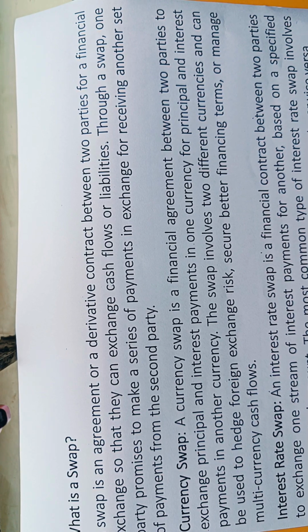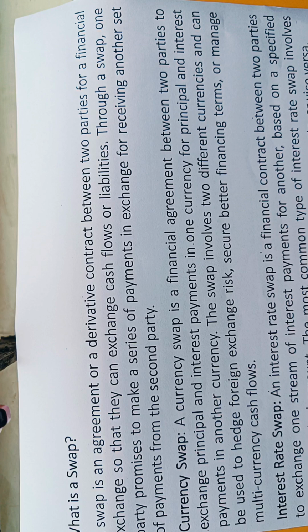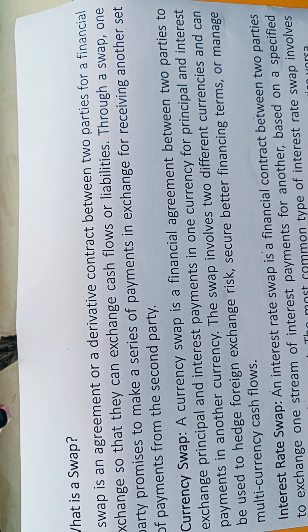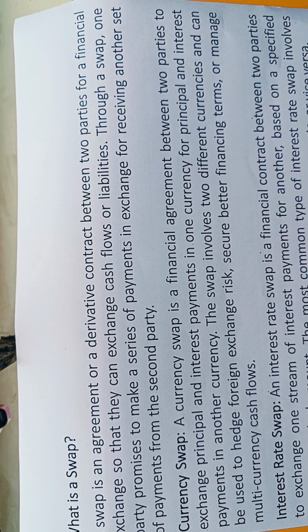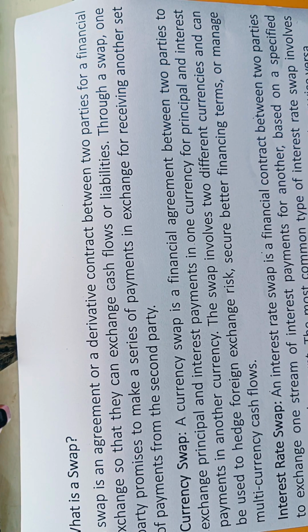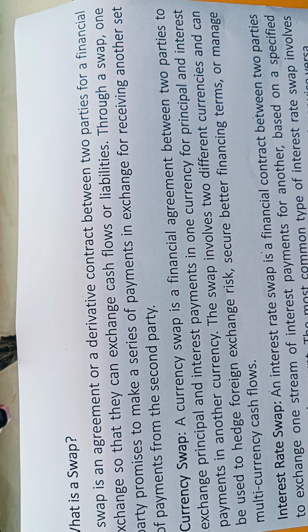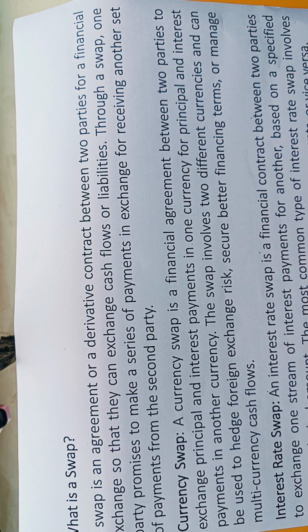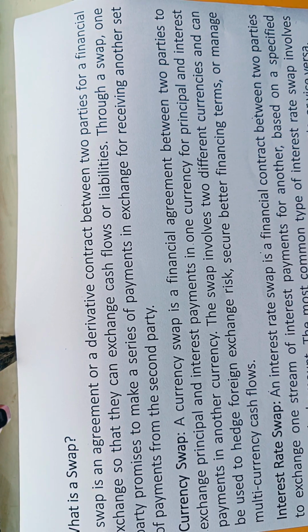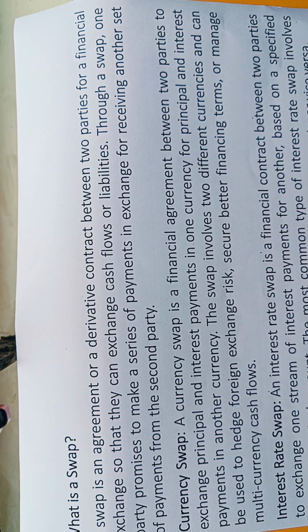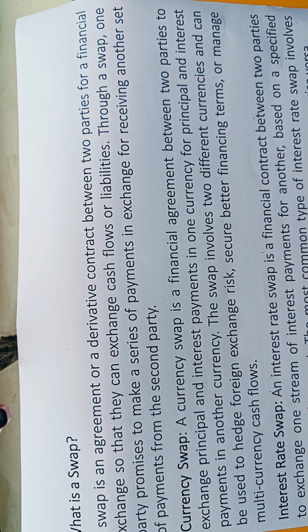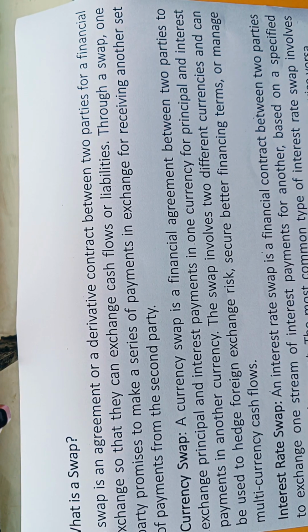Both expect that one interest rate will rise and one will fall. At that time they come to a swap agreement between the two companies and exchange the interest rate. One has a floating rate and exchanges it with the fixed rate. That is nothing but a swap. Because of that they will get an advantage.